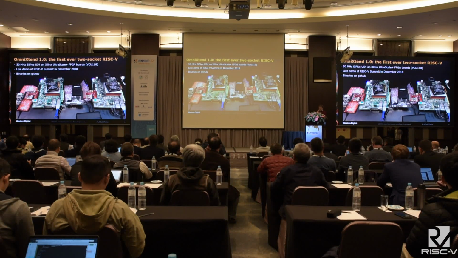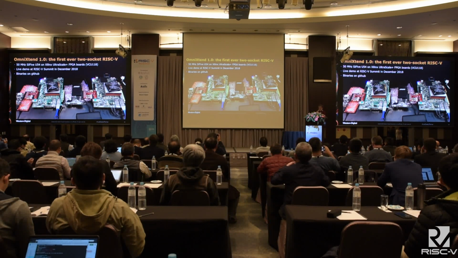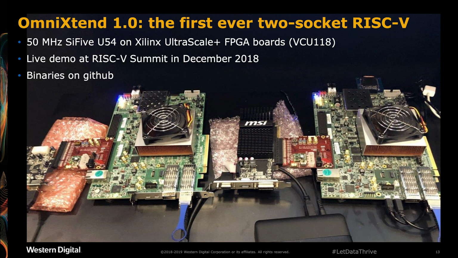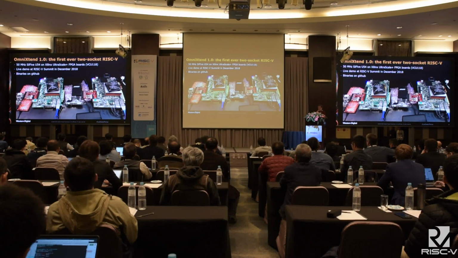So this is a picture of the demonstration of this protocol running at the Santa Clara Summit. What you see here are two processor boards with the blue handles on the Ethernet cable which connects the two. And that's where the OmniExtend runs over that cable.